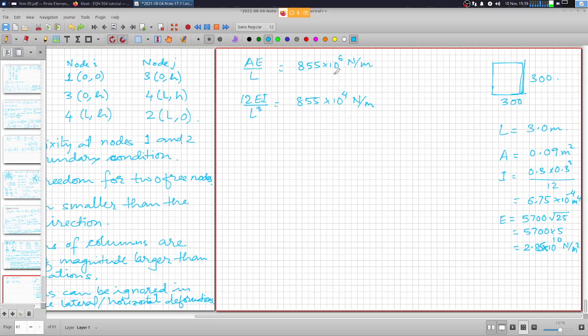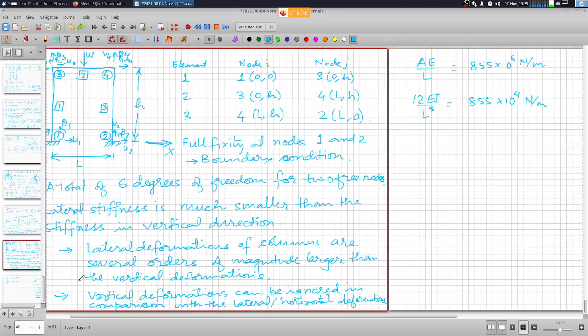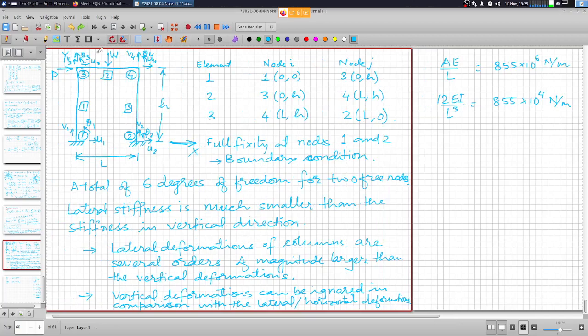So the axial deformations are going to be much smaller than the lateral deformation if the lateral forces and the vertical forces are of the same order of magnitude.